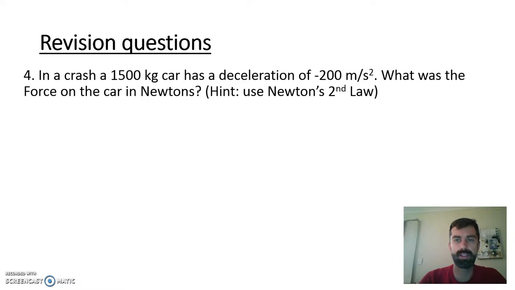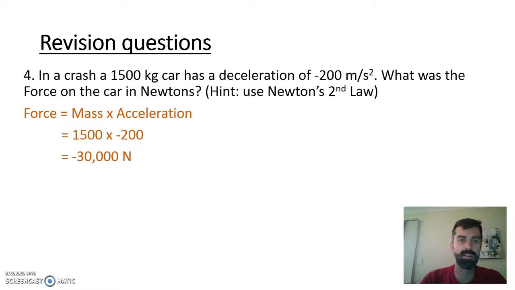We get a hint there to use Newton's second law, which says that force equals mass multiplied by acceleration. Well, the mass of the car is 1,500. The deceleration, or the acceleration, is negative 200. And so the force, if you times them together, is negative 30,000.